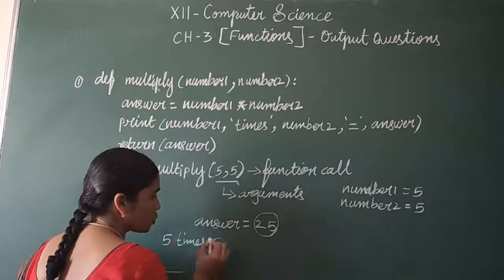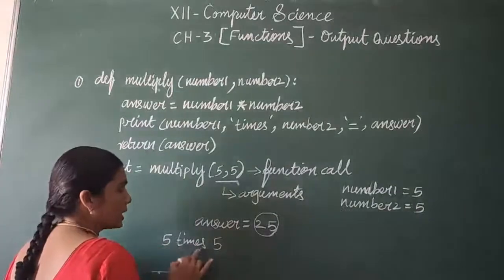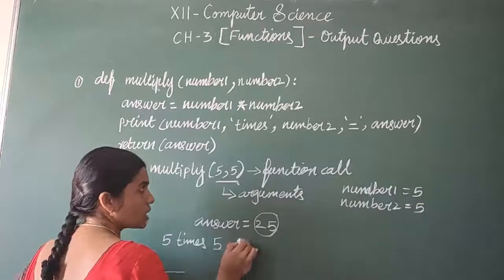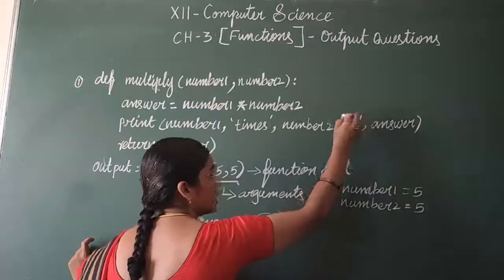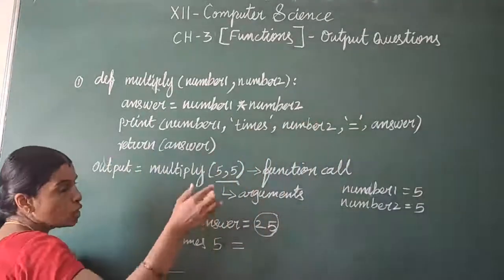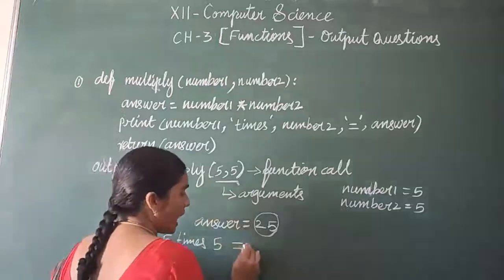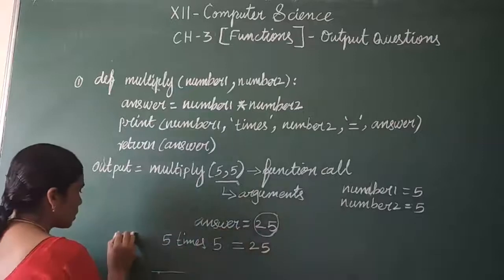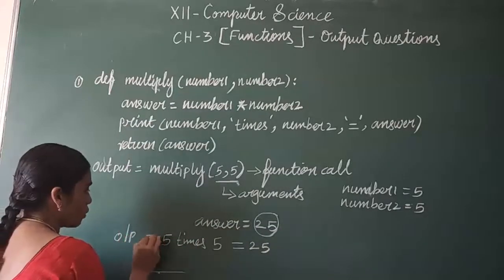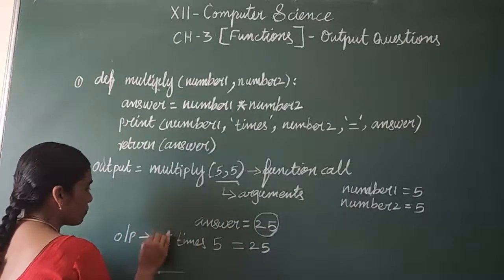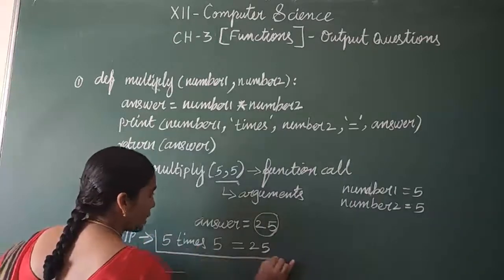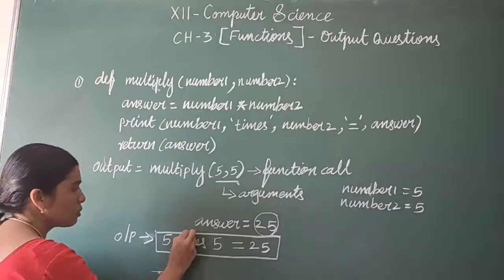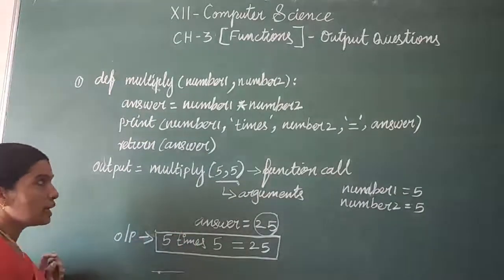Number 2 value is 5, so 5 times 5. Then 'is equal to' is within single quotes, so as it is, it is printed. Then answer, which is 25. So this is the output: 5 times 5 is equal to 25.